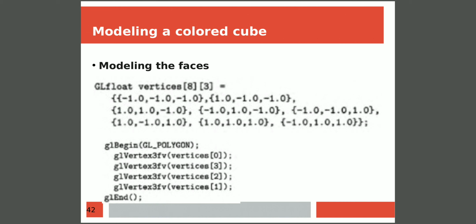Which is that array? It is the vertices array. Then which vertex are we passing as the first vertex? That is vertices of 0, which is the 0th vertex there, minus 1.0, minus 1.0, and minus 1.0. Similarly, we are specifying totally 4 vertices under the glBegin function followed by glEnd. This is defining one face of a cube.